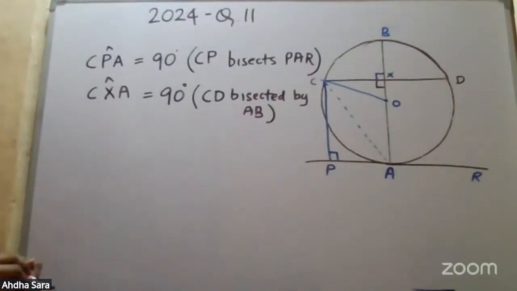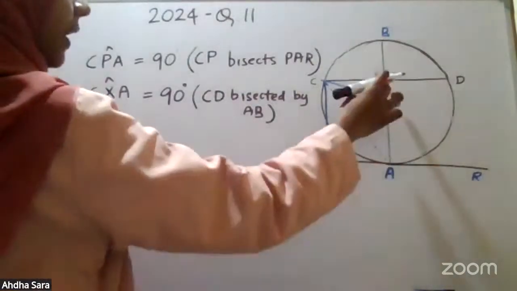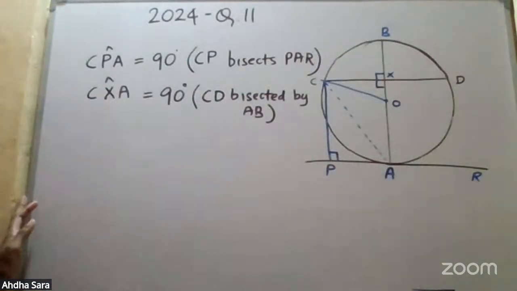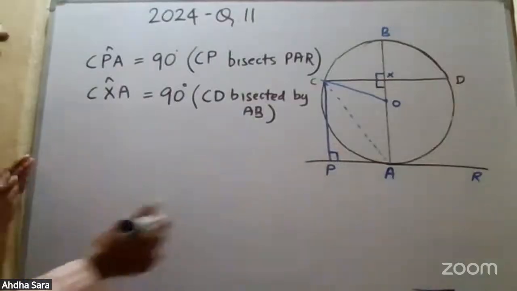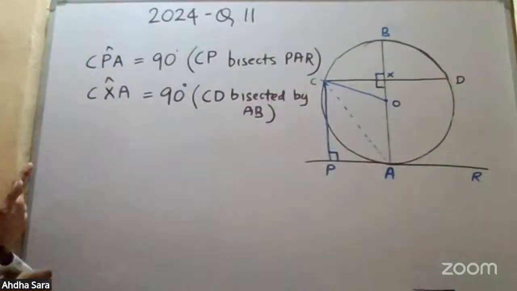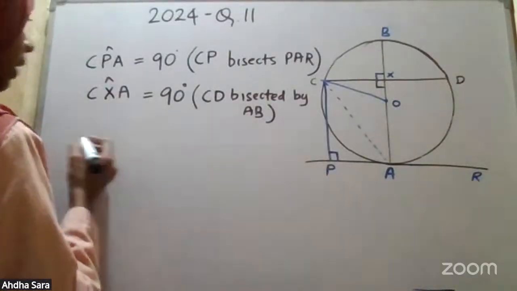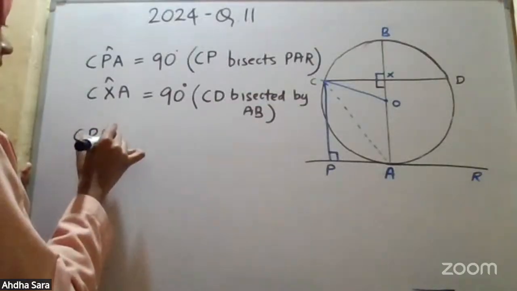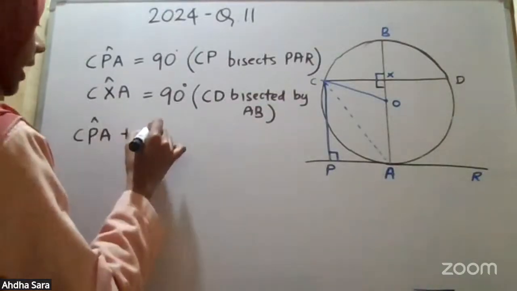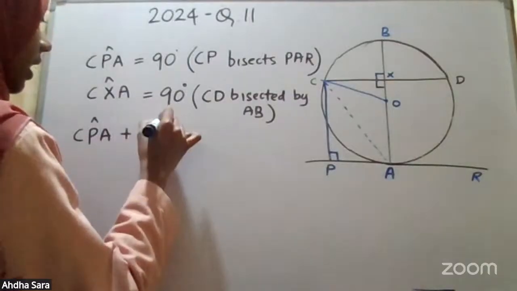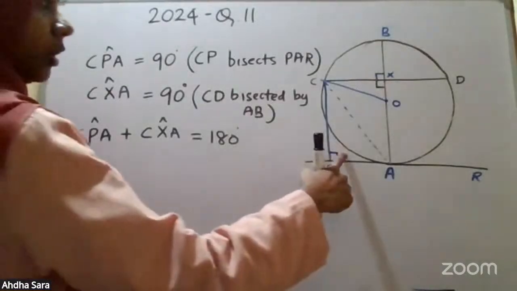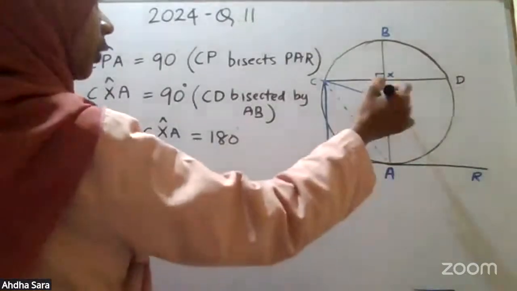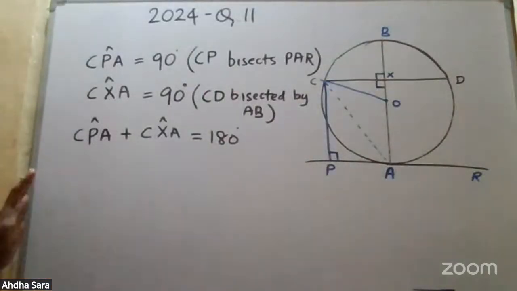So to prove PAXC is a cyclic quadrilateral, we use the fact that the opposite angles in a cyclic quadrilateral are supplementary. So angle CPA and angle CXA equal 180. Here you get 90 and here you get 90, so you get 180.